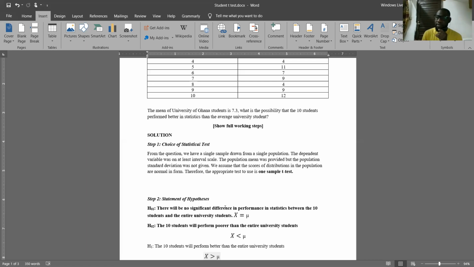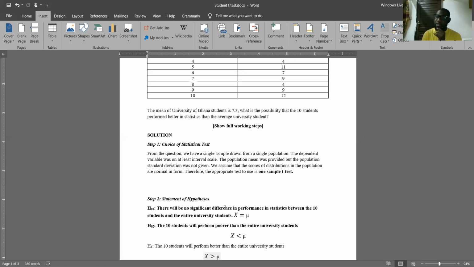So you can see within the prediction, they were specific. They indicated that the sample, which is the 10 students, will perform better than the population, telling you that one will be greater than the other. So this is a typical one-tailed or directional hypothesis.